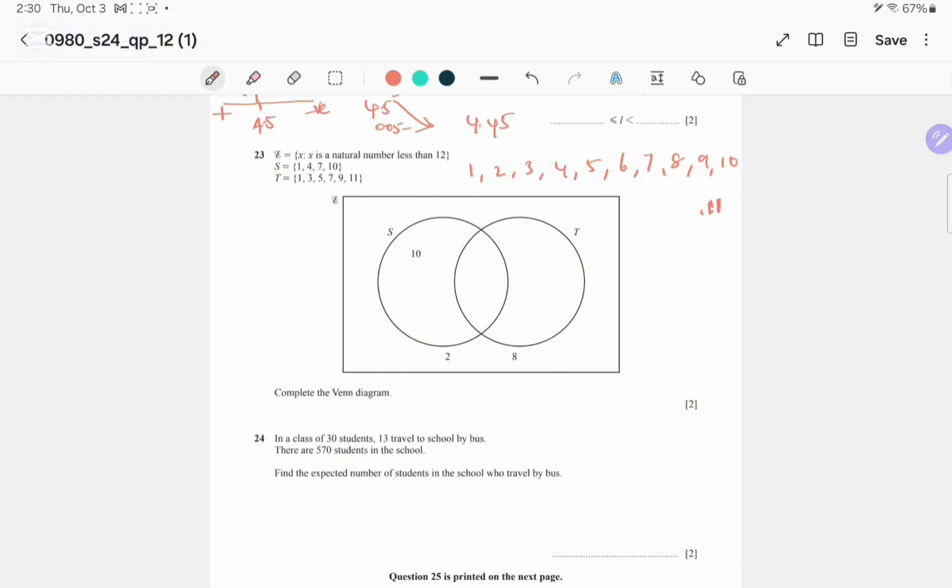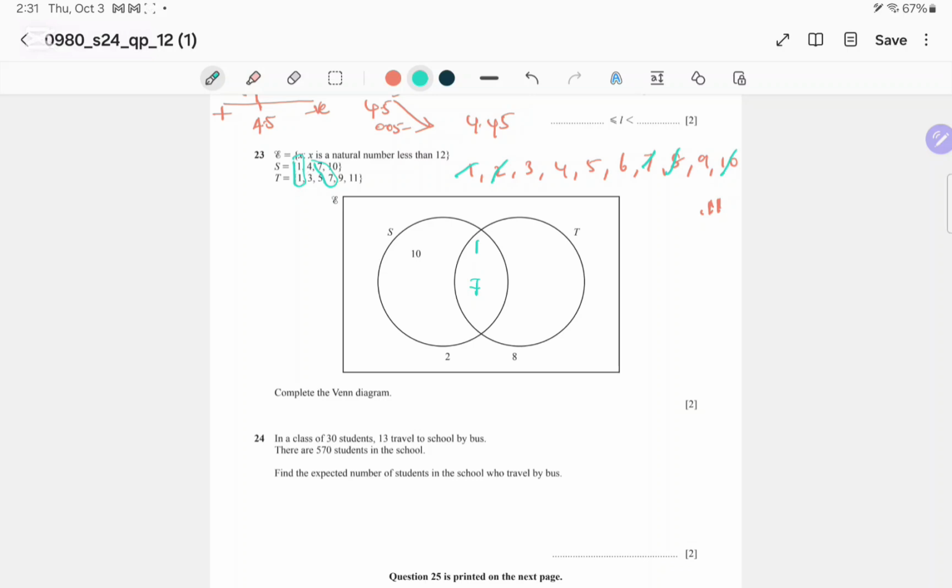So we will cancel them out. Now we have to check which is common here. See, in S and T, 1 is common and similarly 7 is also common. Okay, we will write in the union part here 1 and 7. Okay, 1 and 7 also gone.